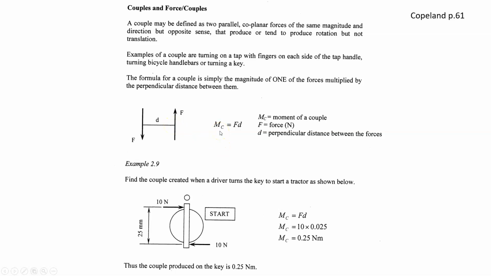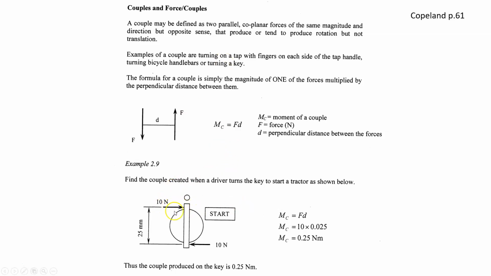It's sometimes easy just to get straight into the examples. The moment that is generated when we turn the key on a tractor, the key is a big key, 25 millimeters from end to end. So when the driver is turning the key, he or she is applying a force to the outside edges of the key. And they're applying 10 newtons.